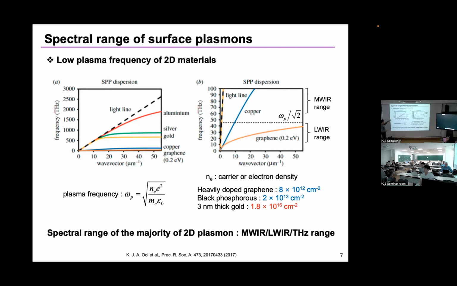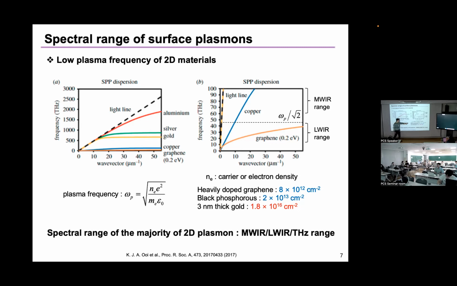You can see the graphene in the dispersion relation. Graphene is located this way, and the noble metals, copper, gold, silver, and aluminum, go to the visible regions. Even if we add high doping to the graphene, it is still difficult to get a large electron density.